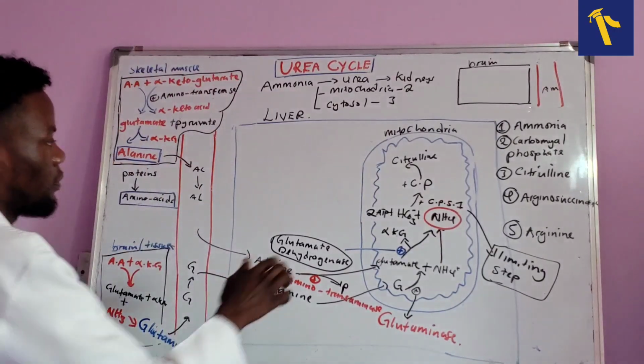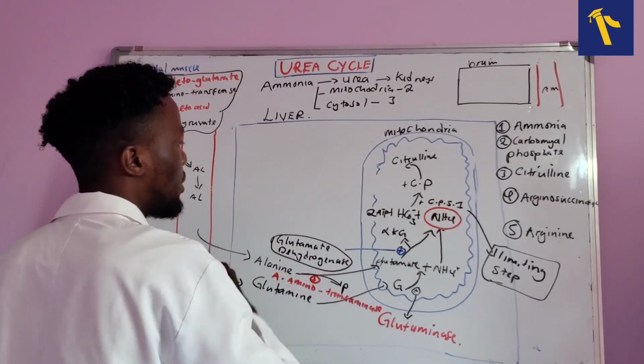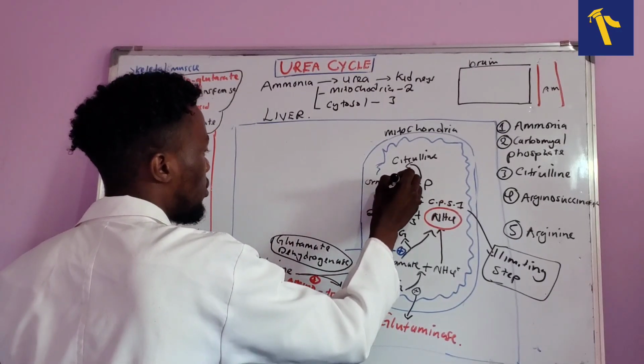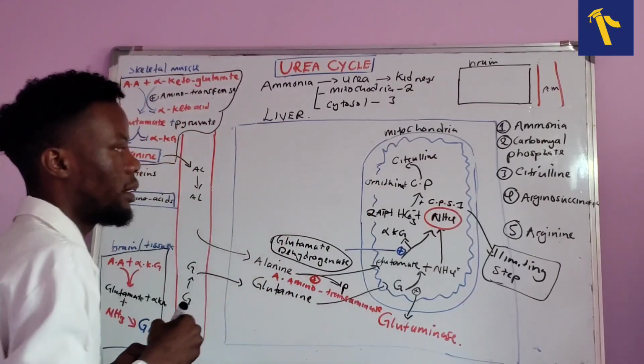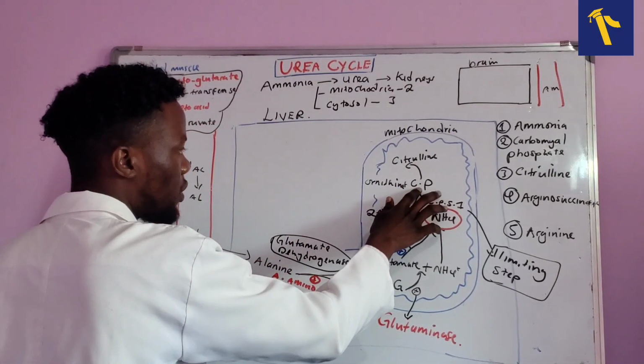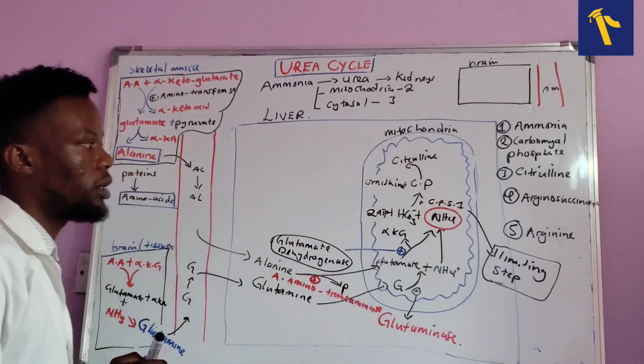What is that? We call this molecule ornithine. So ornithine is going to combine with the carbamoyl phosphate to produce citrulline.